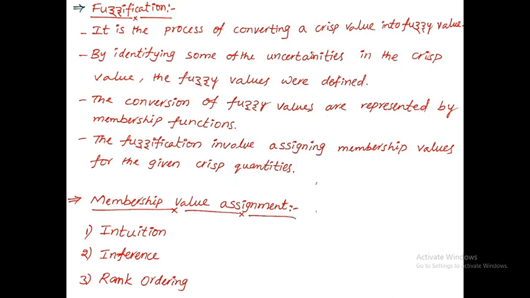By identifying some of the uncertainties, that's what I have told, uncertainties in the crisp values, the fuzzy values were defined. Let us take another example like the grading system in academics. The people who got grade between 9 to 10 will get the S grade.